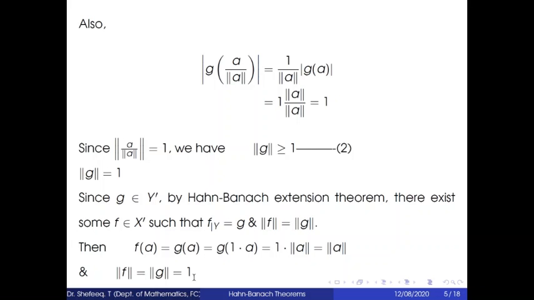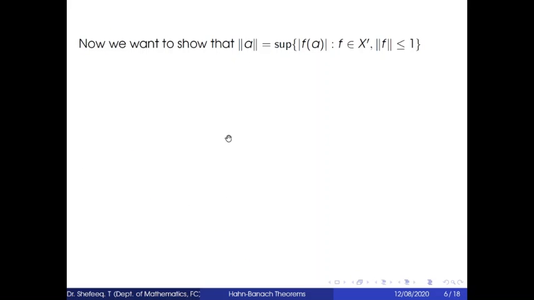Now we want to show that norm a equals the supremum of the set of mod f of a such that f belongs to x dash with norm f less than or equal to 1. Since f belongs to x dash and a belongs to x, we have modulus f of a less than or equal to norm f into norm a.